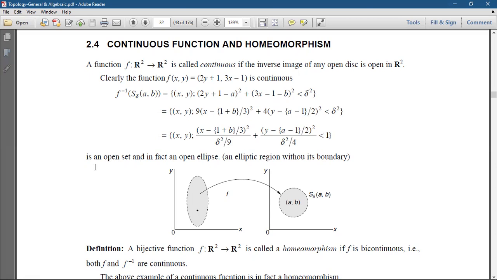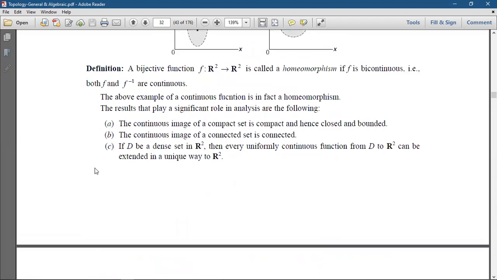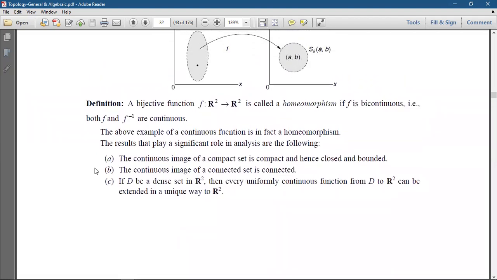Now the next definition is the homeomorphism. This is the definition of continuity, that means a continuous function. A bijective function, which we already discussed in R, we will define in R square also.